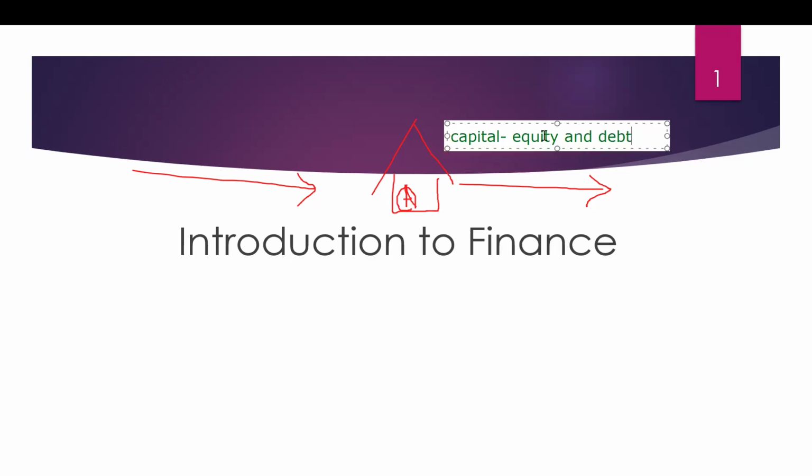So equity capital is the owner's money and the debt capital is the borrowed money. So the money that we can borrow from secondary or external sources, or the creditors' money, right? So how can we borrow money?